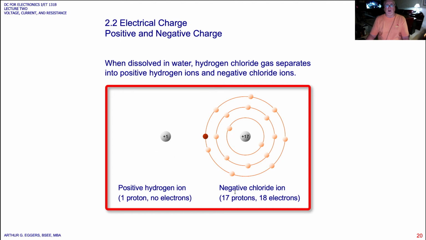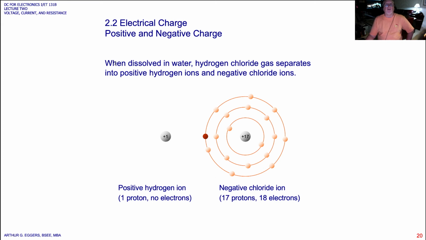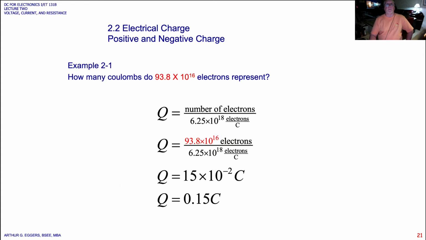Over here, we have a negative chloride ion because it has taken on an additional electron, which gives it a negative ion status. 17 protons, 18 electrons. So now when we dissolve in water, hydrogen chloride gas will separate into positive hydrogen ions and negative chloride atoms. That's just a reaction that occurs once it hits water.